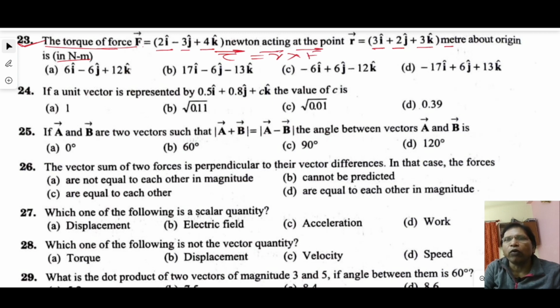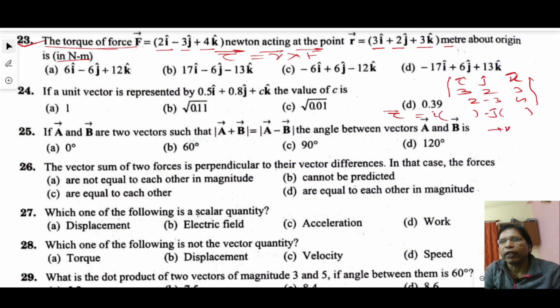Here r vector is 3, 2, 3 with i cap, j cap, k cap, and force vector is 2, minus 3 and 4. Now tau vector becomes i minus j plus k.